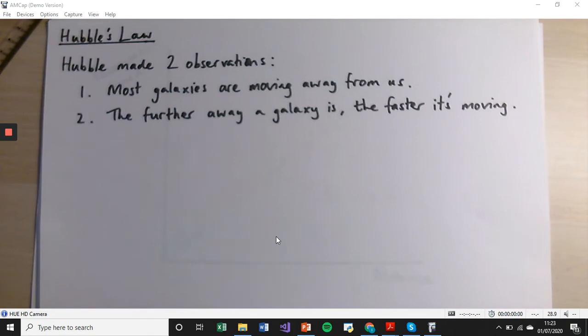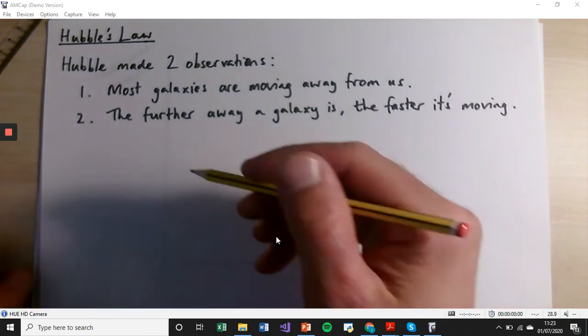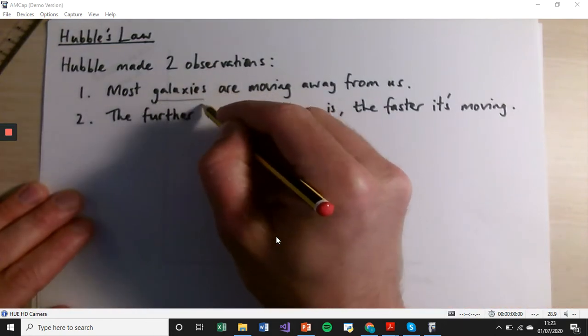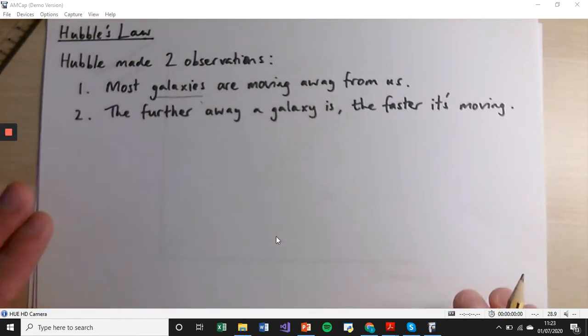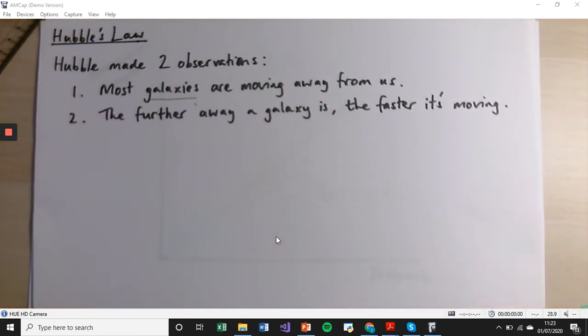And it's really important with stars to kind of scale.